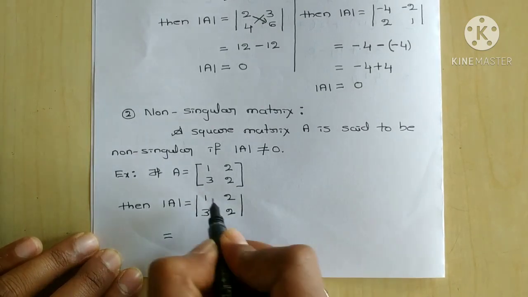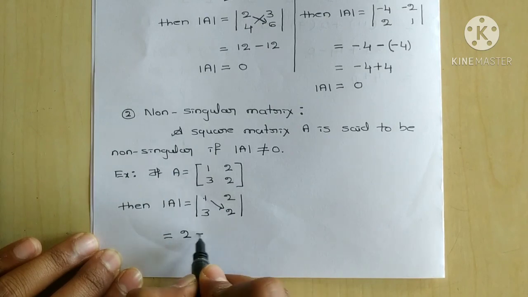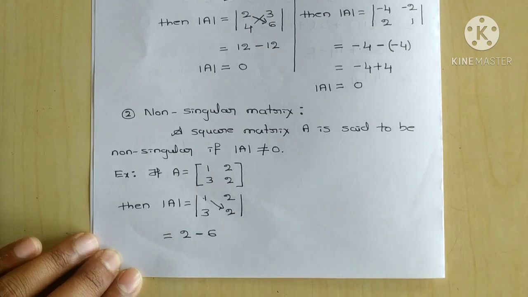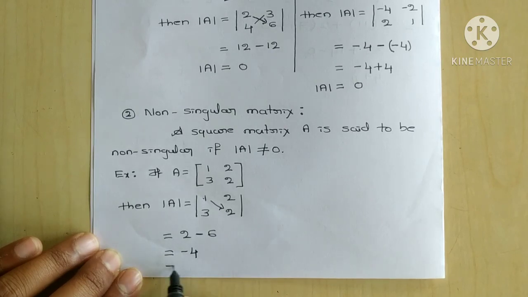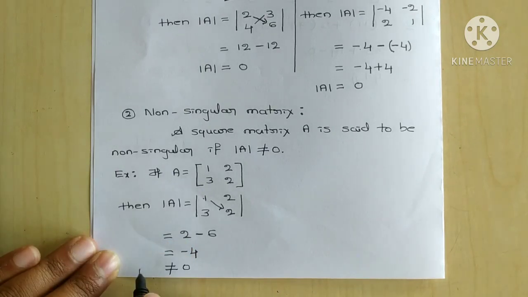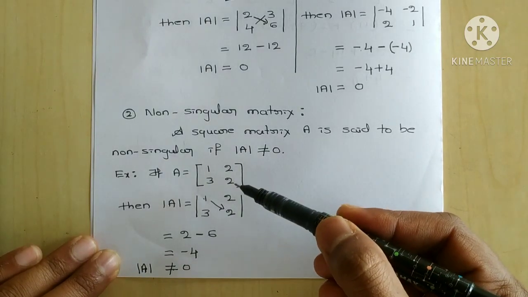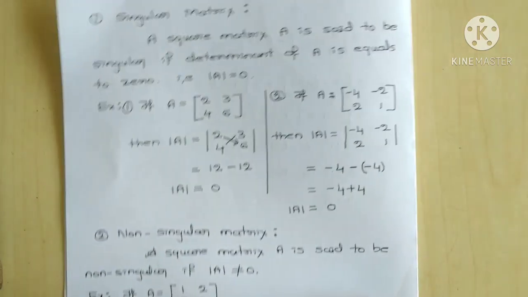So cross multiplication: arrow mark, 1 into 2 is 2. In the middle, which sign always comes? Minus sign. 3 into 2 is 6. So finally 2 minus 6 is equal to minus 4. Minus 4 is not equal to 0. Finally, the condition you get is that the determinant of A is not equal to 0. Then such a matrix is called a non-singular matrix.